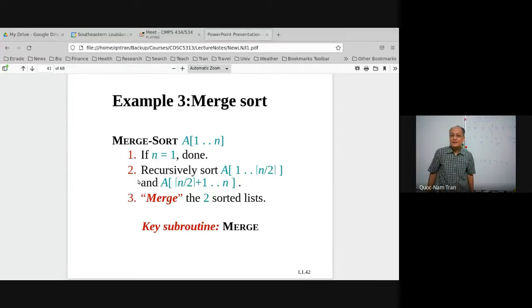Okay, so as I showed you on the screen, we recursively sort the left, recursively sort the right half, and then merge them. So now, how can I count the number of steps for this algorithm?